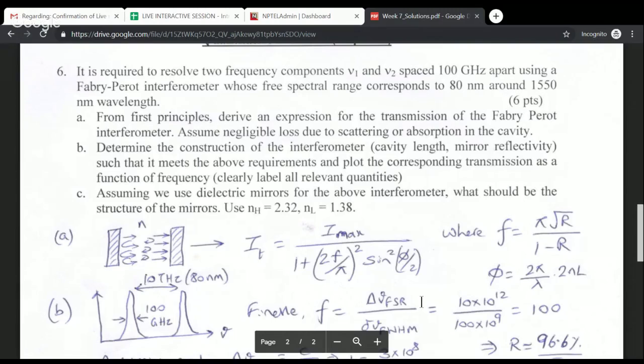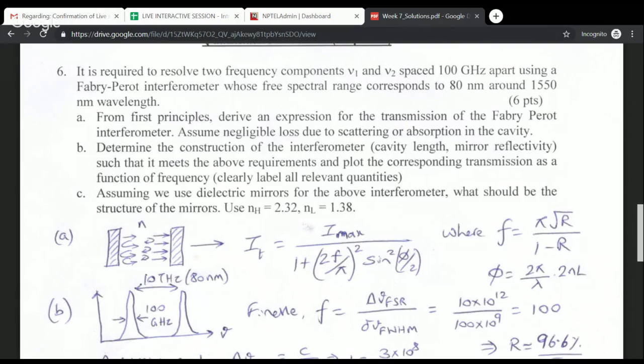there was a request to explain the solution for this particular problem that we asked in assignment 7, and that was relating to a Fabry-Perot filter, which is essentially based on a Fabry-Perot interferometer. So what we asked in this question is, can you design a Fabry-Perot filter that can essentially resolve two frequency components, which are mu1 and mu2, which are spaced about 100 gigahertz apart.